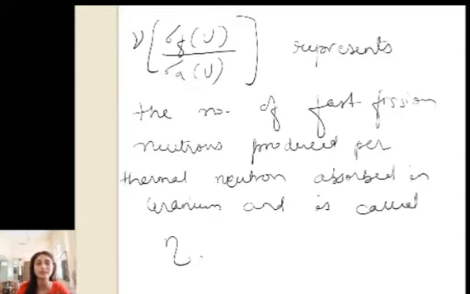So nu into sigma F of u upon sigma A of u gives you the number of fast fission neutrons produced per thermal neutron absorbed in uranium, and this can be written as eta.